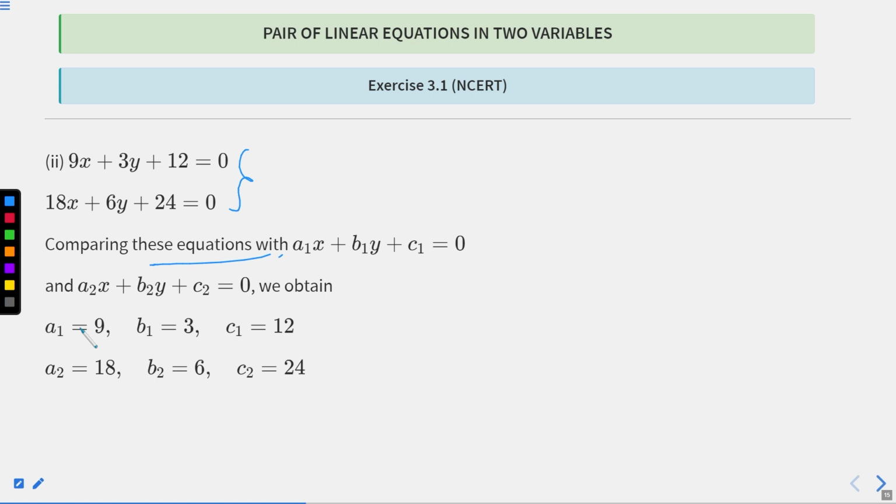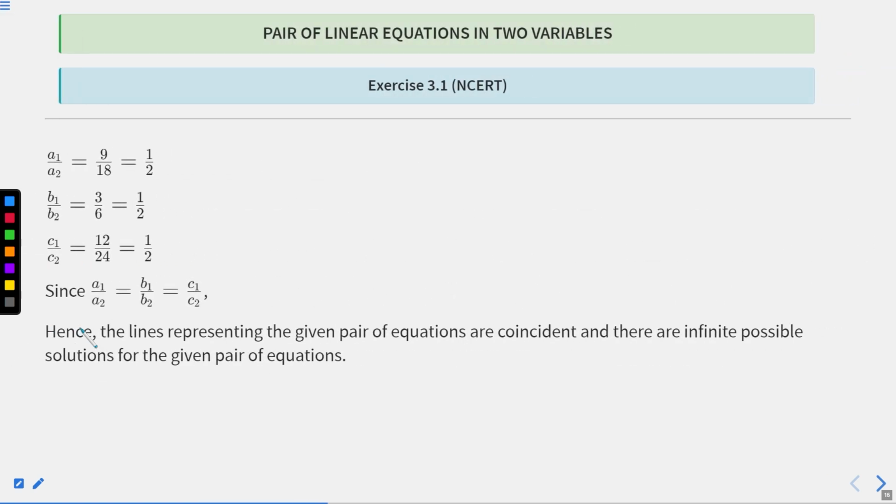Then we obtain a1 is equal to 9, b1 is equal to 3, and c1 is equal to 12. And a2 is equal to 18, b2 is equal to 6, and c2 is equal to 24. Now the ratio a1 by a2 is equal to 9 by 18, that is equal to 1 by 2. The ratio b1 by b2 is equal to 3 by 6, which is 1 by 2.